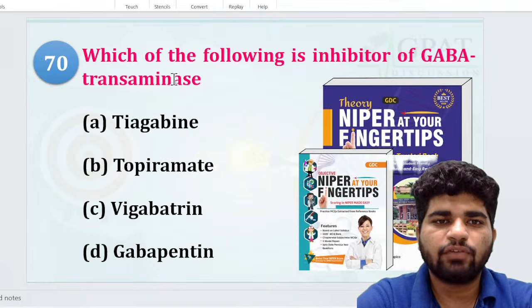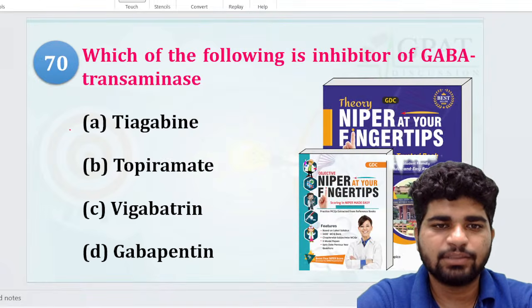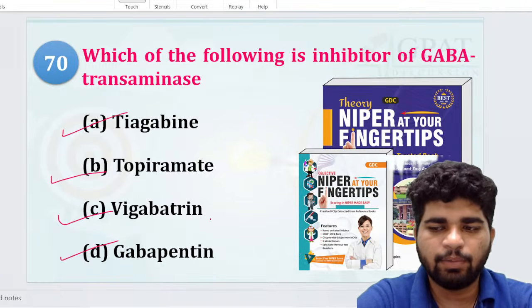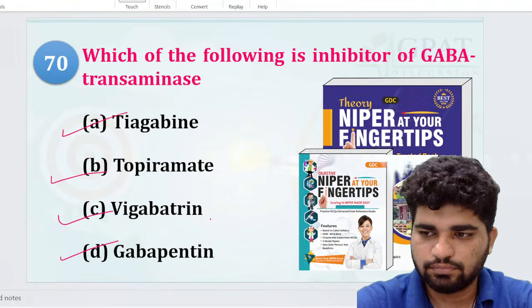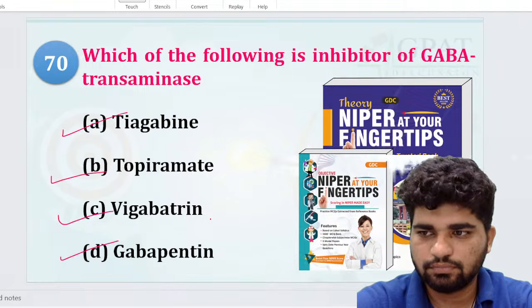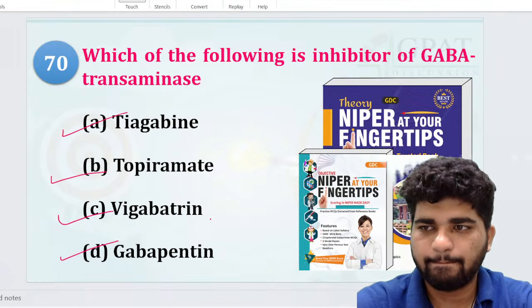Now, which of the following is an inhibitor of GABA transaminase enzyme? Tiagabin, topiramate, vigabatrin, or gabapentin?